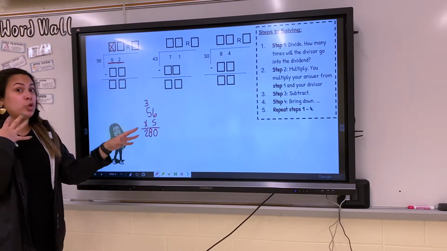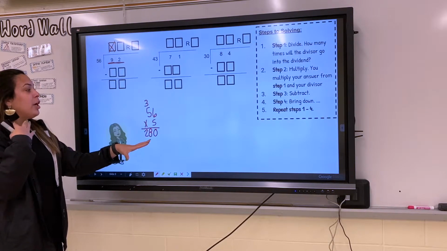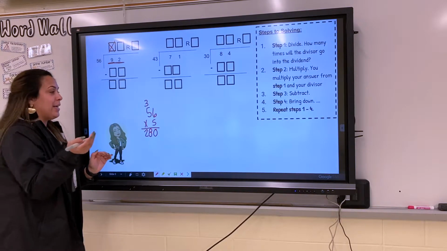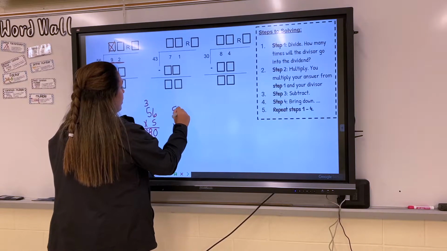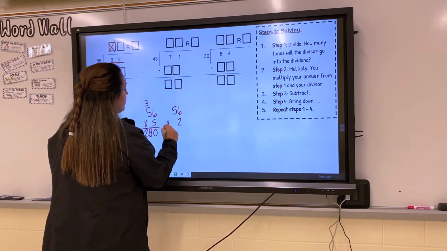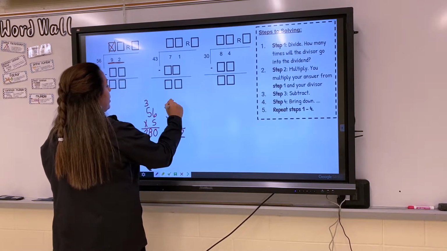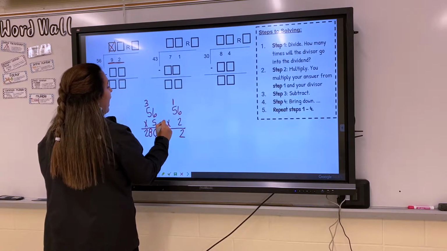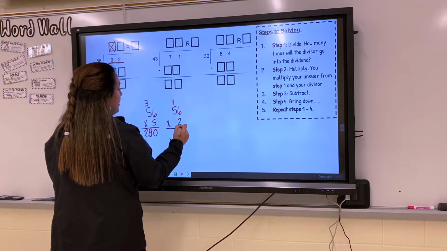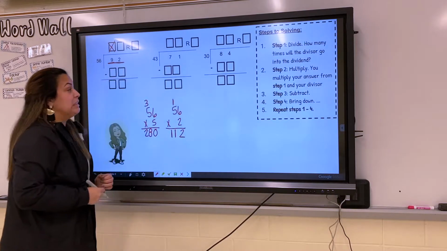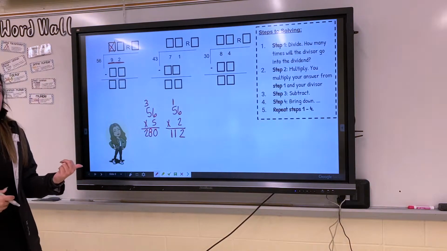Since 280 is super high, I'm going to try to multiply by 2 and see if that gets me anything closer to 92. So 56 times 2. 6 times 2 is 12. I put my 2, carry my 1. 5 times 2 is 10. 10 plus 1 is 11. Ooh, that's still higher than 92.